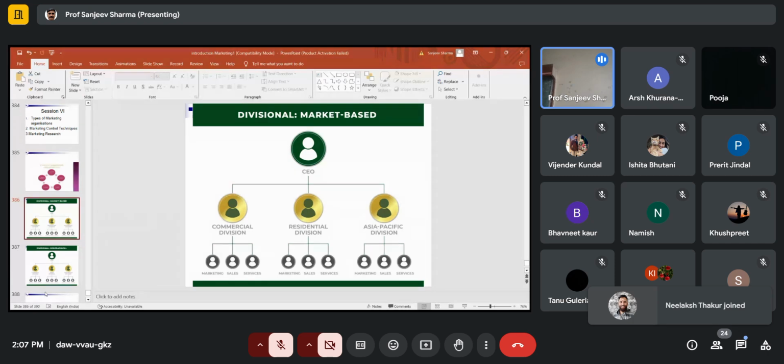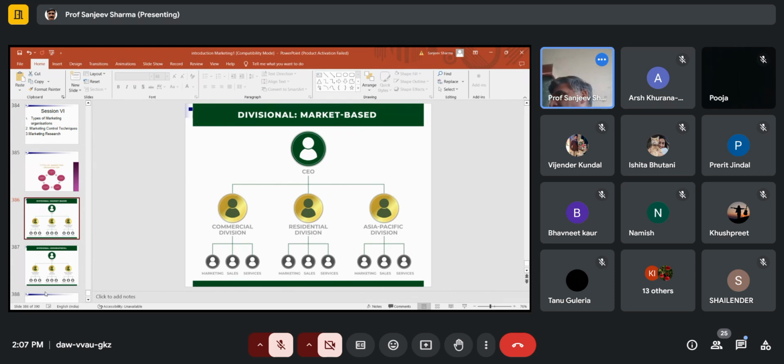We are trying to organize the organization structure in terms of regions. What is the logic? The logic of geography. A particular region tends to exhibit similar characteristics. That makes sense, because you can put somebody who knows the local customs, traditions, language, festivities. So you can organize it accordingly.